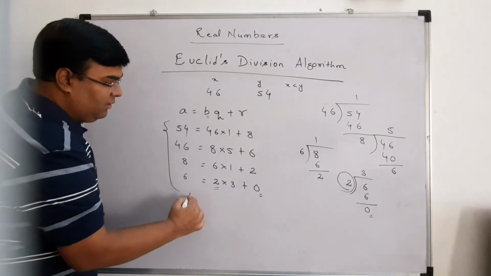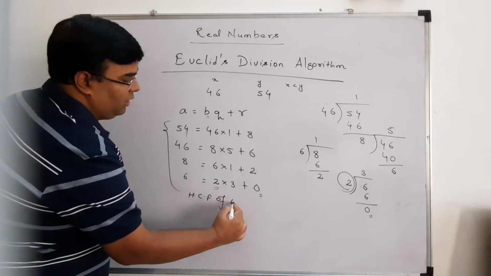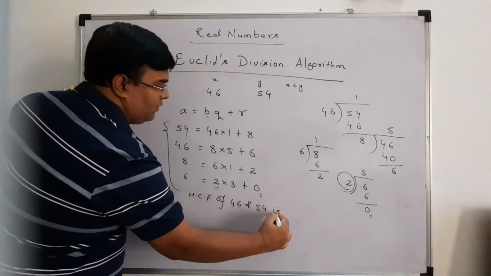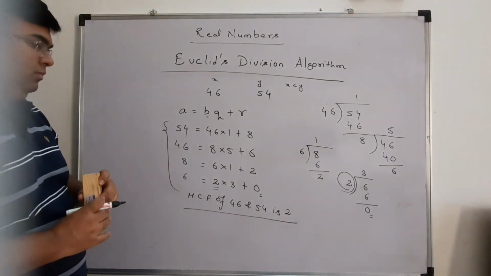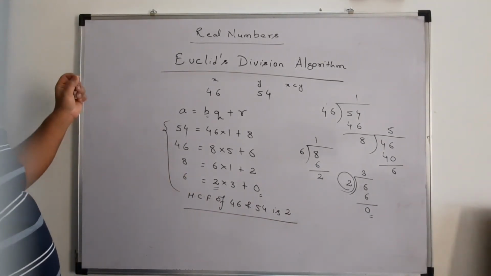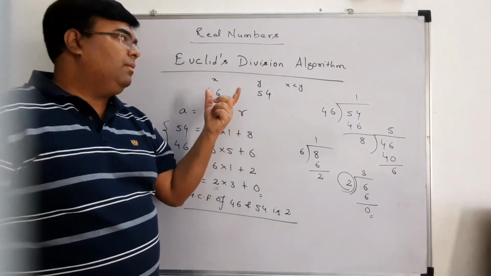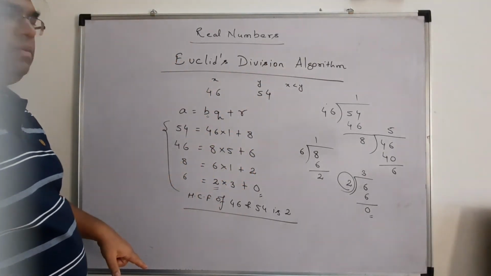So you can write HCF of 46 and 54 is 2, right? So whenever you are asked to find HCF by using Euclid's division algorithm, you do it this way, right?